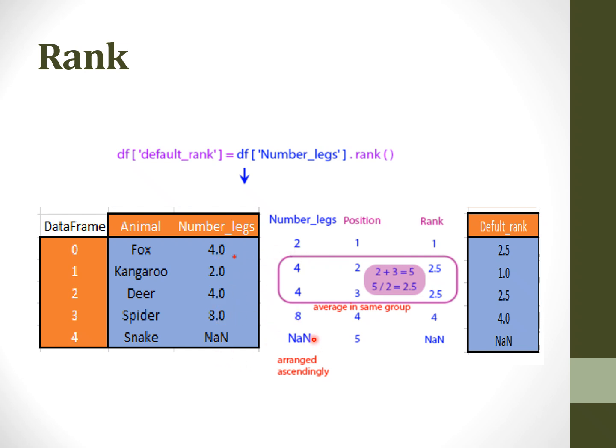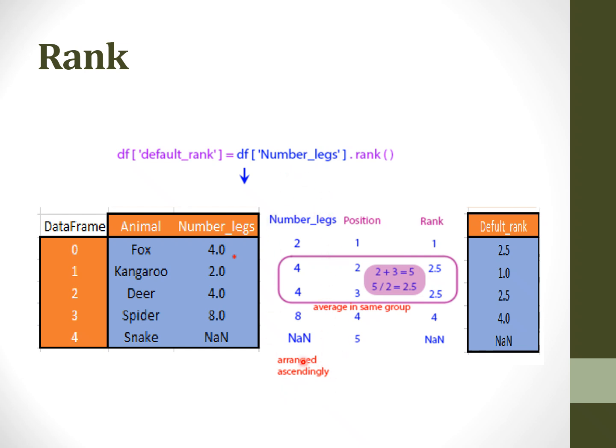Why is number of legs chosen here? Because in the data frame, based on the number of legs, we would like to rank it. So first, the numbers of legs are arranged in ascending order.